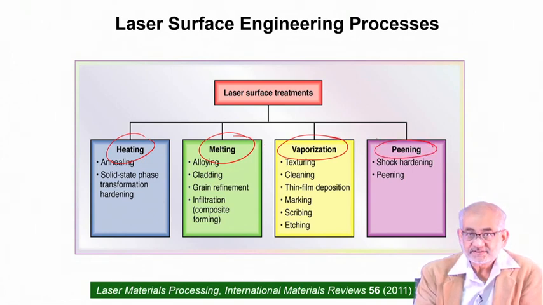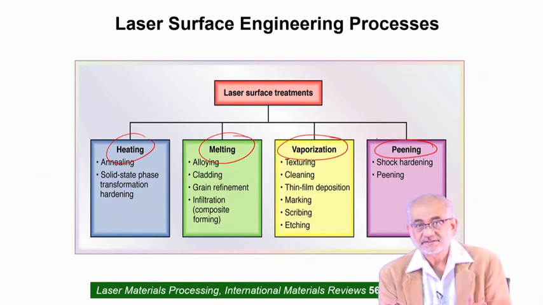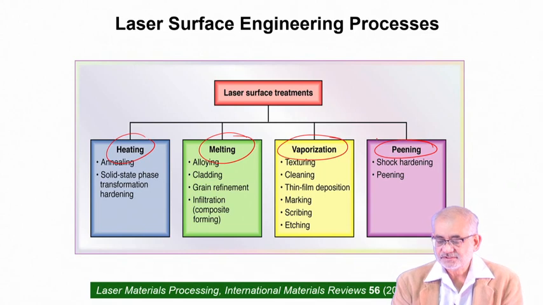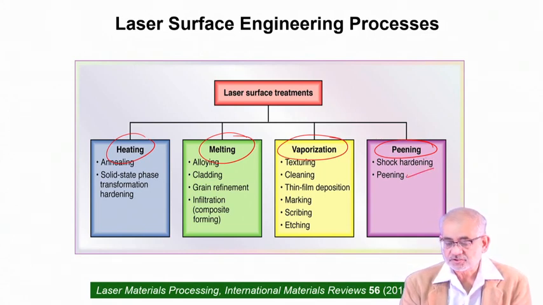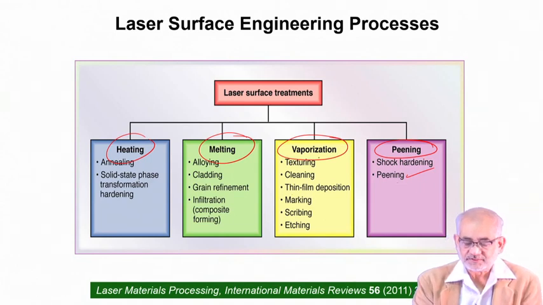And this is in solid state, yet the rate of heating is so large that it will create a very large amount of stress on the surface. So this is kind of shock peening or shock hardening applications. But these are the more common types of applications.